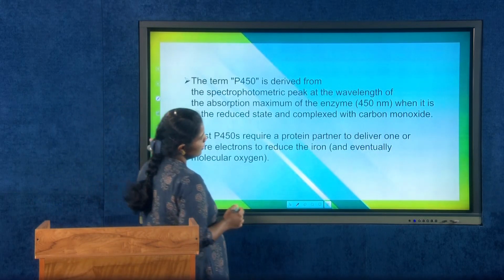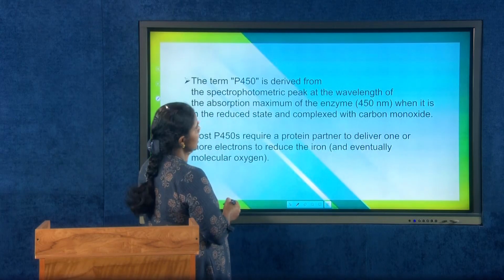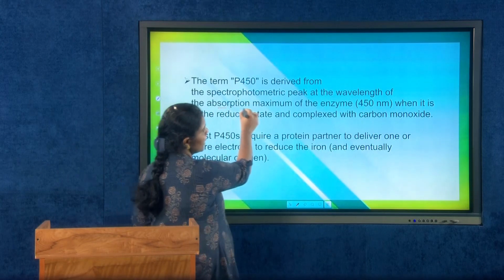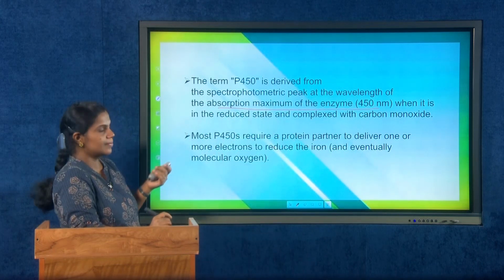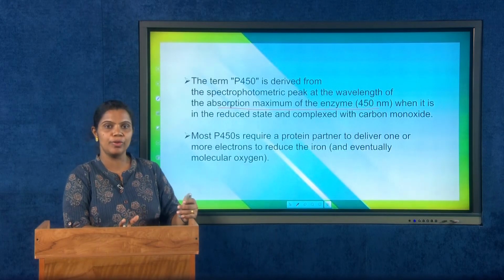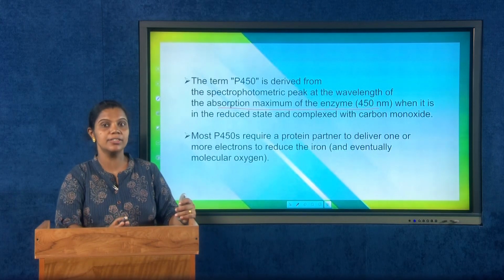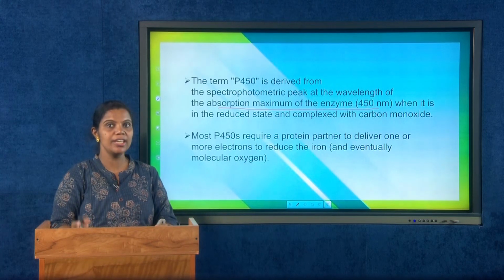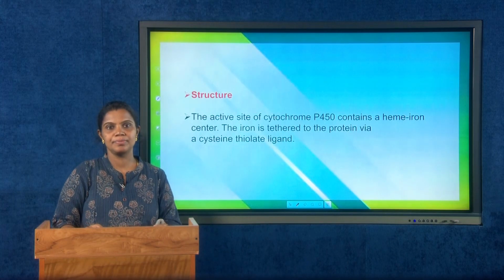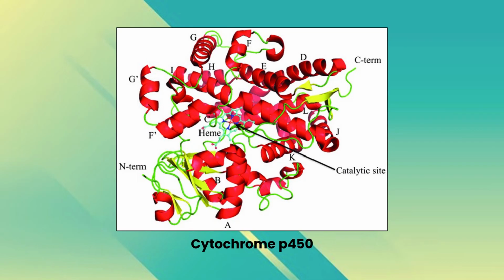We already studied that it is called cytochrome P450 because its absorption maximum occurs at 450 nanometer. Most cytochromes P450 require a protein partner to deliver one or more electrons to reduce the iron and eventually reduce dioxygen. The structure of cytochrome P450 contains a heme iron as the active center, and it is also tethered to the protein via a cysteine thiolate ligand.